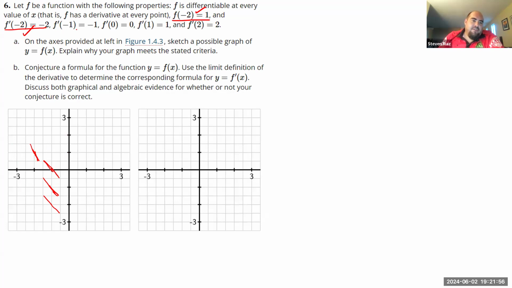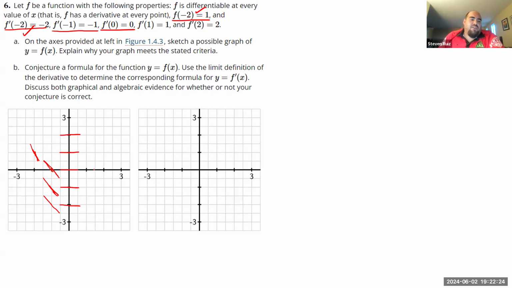Okay, so for now, I think I've dealt with this derivative. Moving on, we have f prime of 0 equals 0. At x equals 0, what does the slope look like? It's going to be horizontal. So I'll throw in a few horizontal line segments in here. When the curve we're about to graph comes through here, it needs to be horizontal.